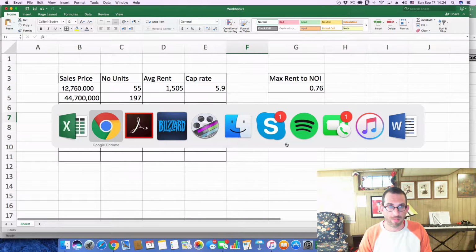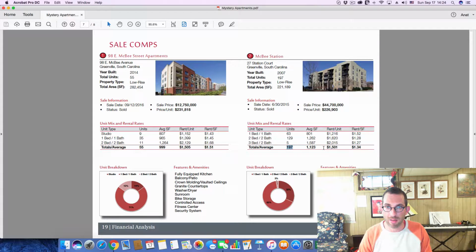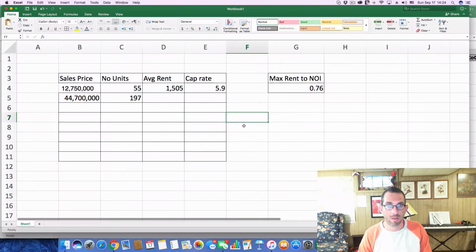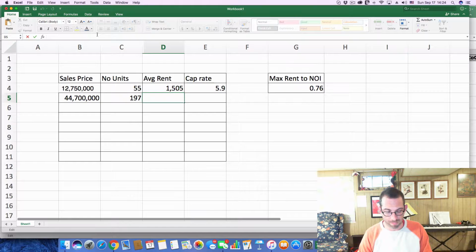And then we want to go back and grab the price per unit and stick that in here. And now I'm just going to do that manually again.